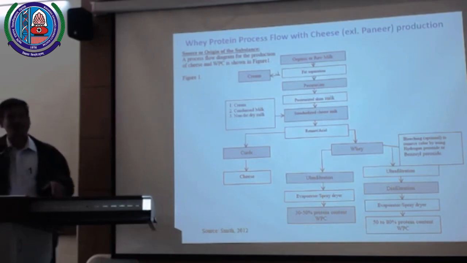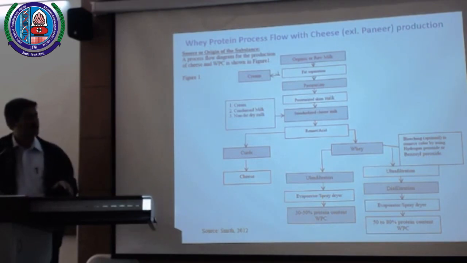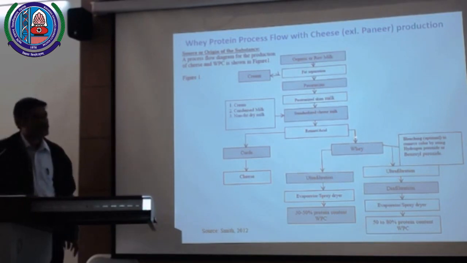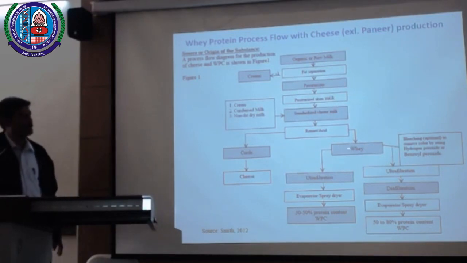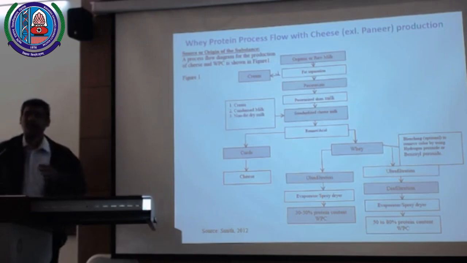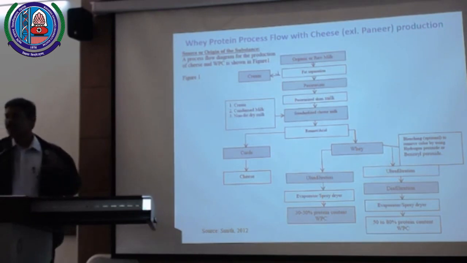To add value, the way we design it, you do a precipitation here, so that the protein is recovered. Ultrafiltration is one way, where membranes are used and the soluble products are separated.